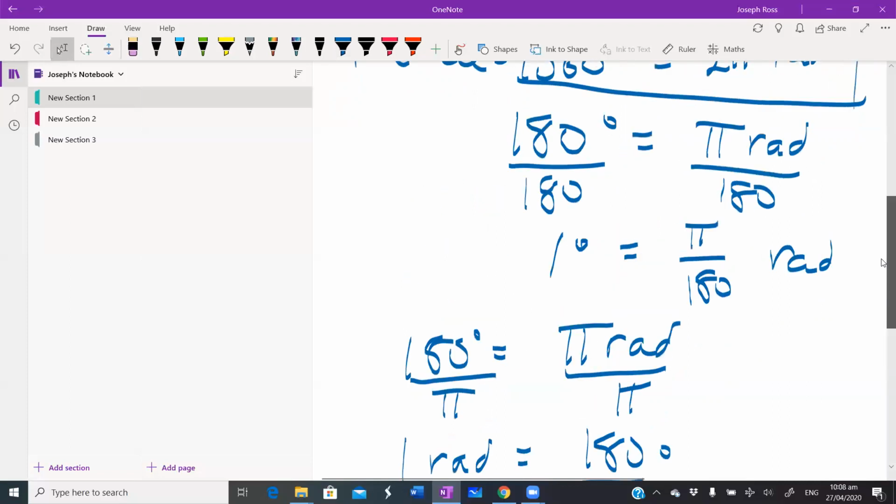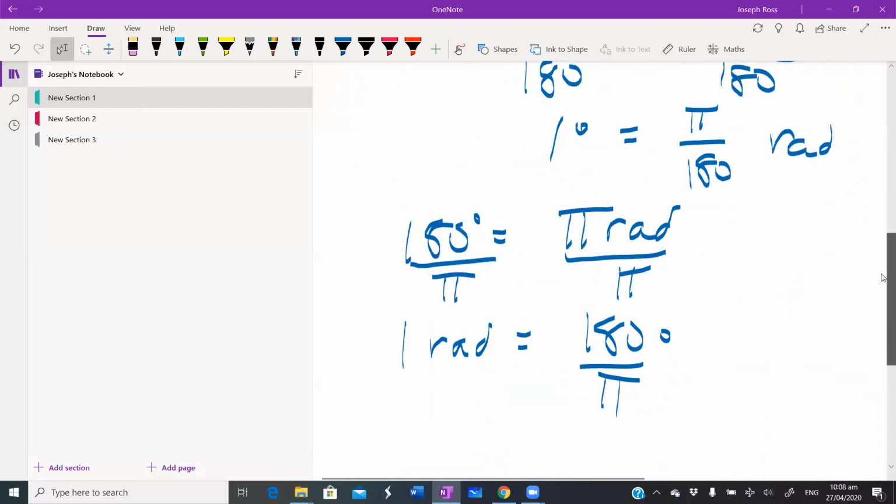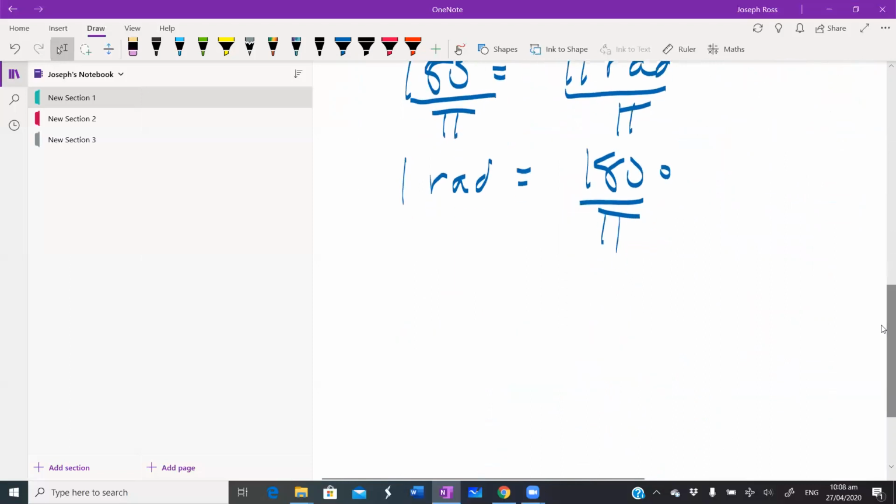So that tells us what we need to do if we are converting from degrees into radians. We need to multiply by pi upon 180. And if we're going the other way, converting from radians to degrees, we need to do the opposite. So multiply by 180 over pi.